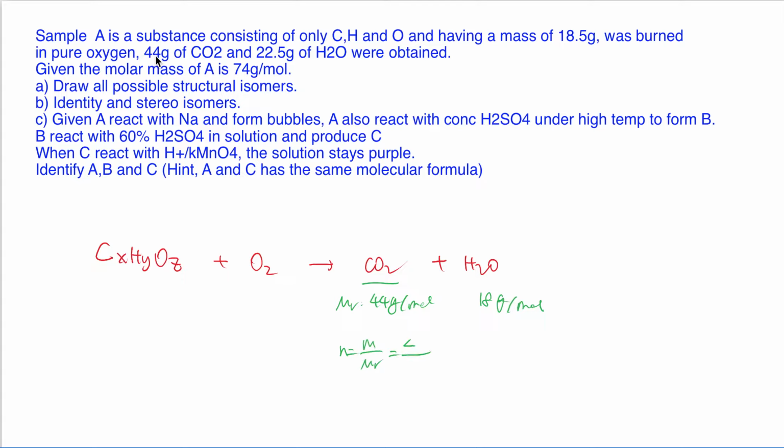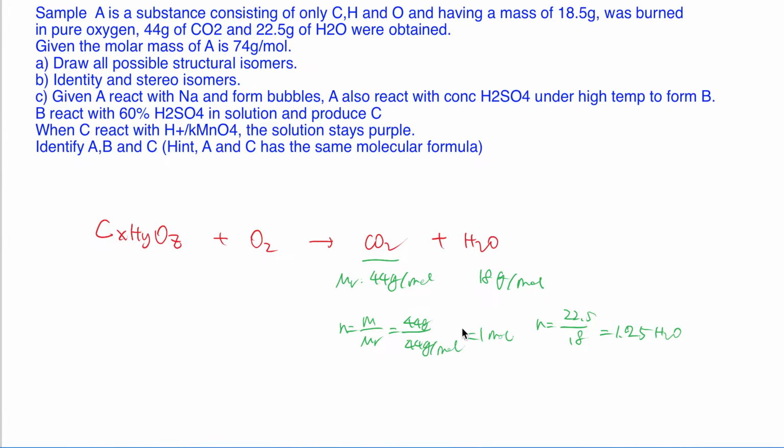Mass is 44 grams, and your molar mass is 44 grams per mole, so you get 1 mole. For water, you use 22.5 divided by 18, so the number of moles you should get is 1.25.